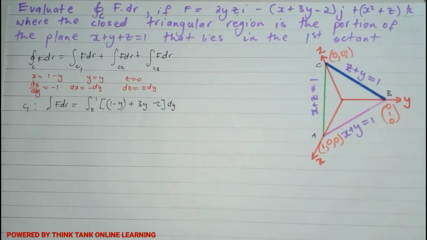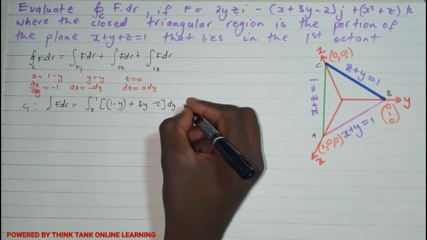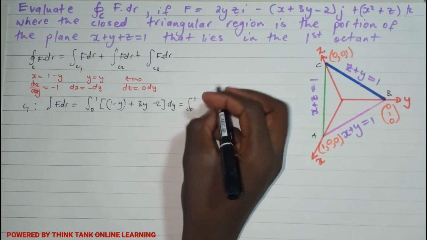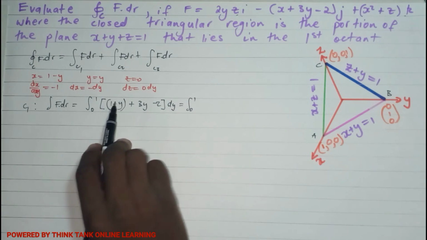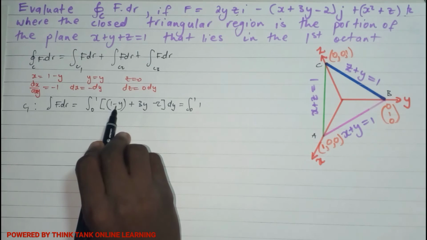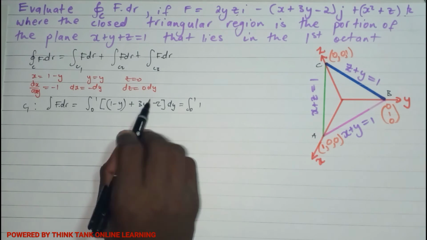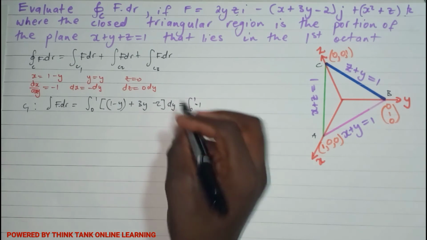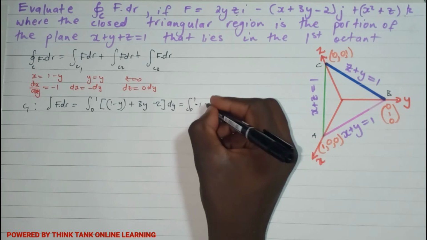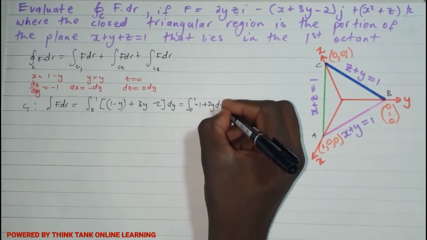Then dz equals 0, so I'm going to just integrate this simple thing from 0 to 1. If we simplify here, negative 1 minus 2, I think that was supposed to be negative 1. Negative 1y plus 3y plus 2y dy.